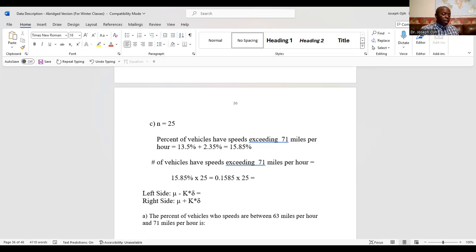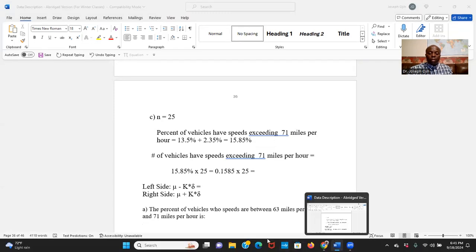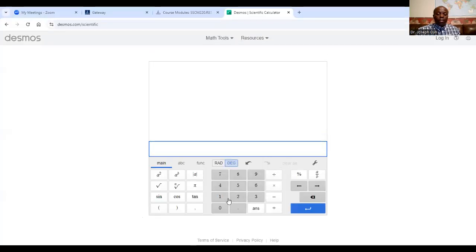Let's multiply it. Going into the calculator, I have it right here. Clear this. 0.1585 times 25.